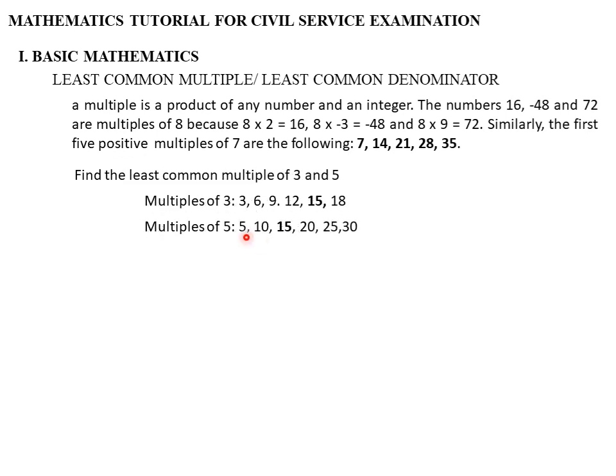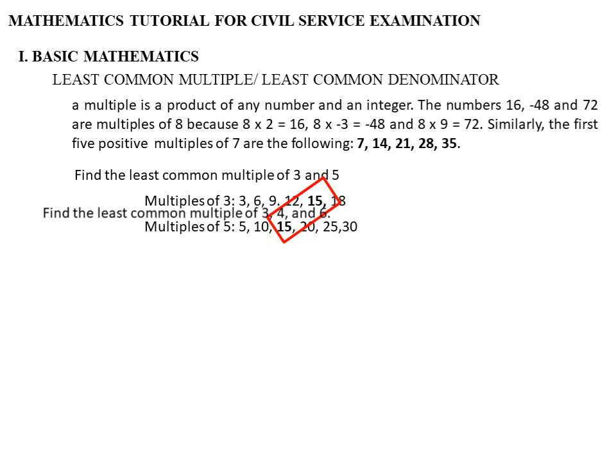Multiples of 5 are 5, 10, 15, 20, 25, 30. So their least common multiple is 15. The least common number here in our tabulation is 15. So the least common multiple of 3 and 5 is 15.